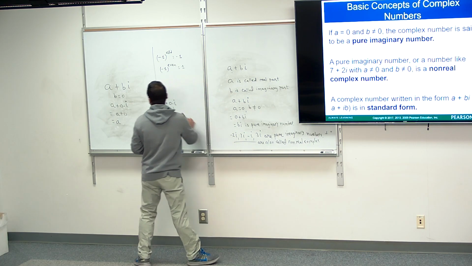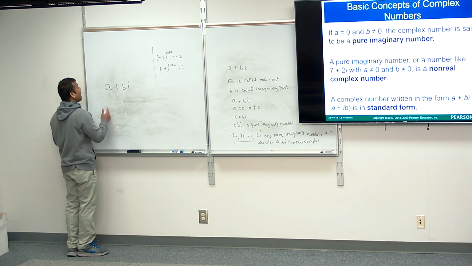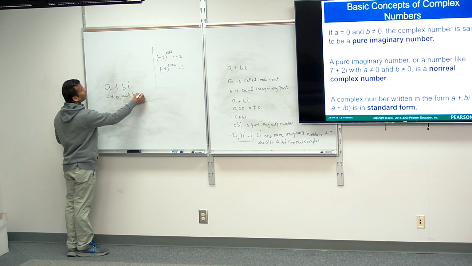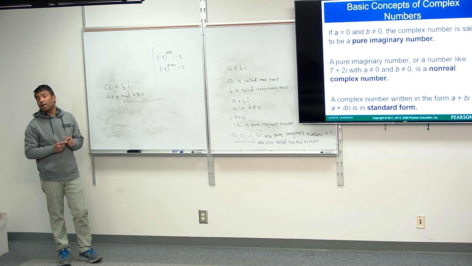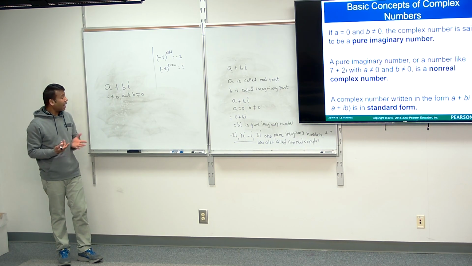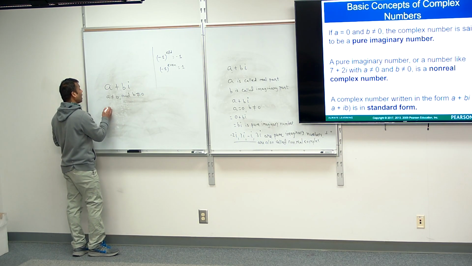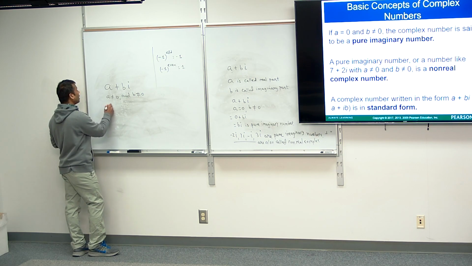Or if you have a complex number A plus BI where A is not equal to 0 and B is not equal to 0. Both the real part and the imaginary part are not equal to 0. Like this. You might have 3 plus 4i.